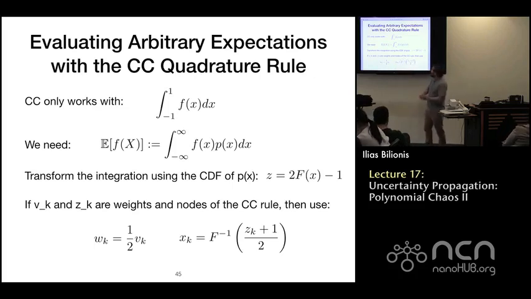Okay, so this will take nodes that are from minus 1 to 1, and it will actually spread them from minus infinity to plus infinity. That's all that's going to happen. Okay?